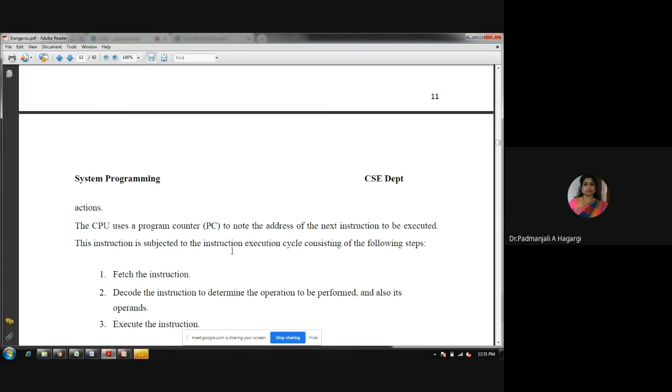During this linking period, for example, in your program you have something like square root, so you are using a square root function, or some trigonometric function.